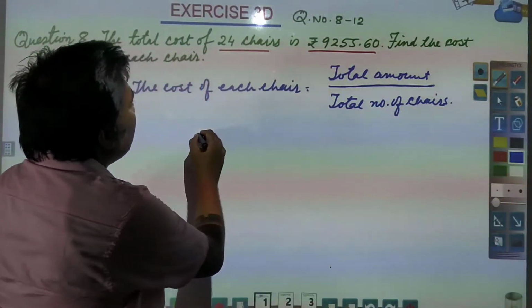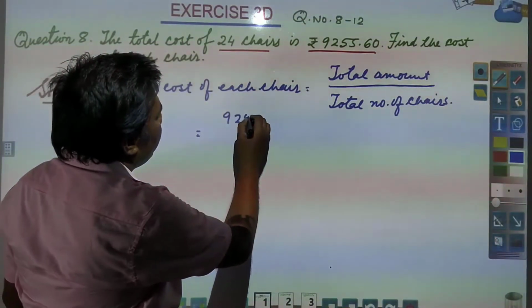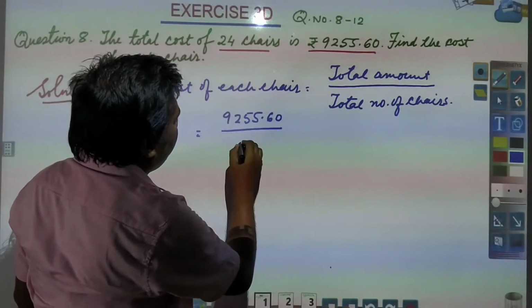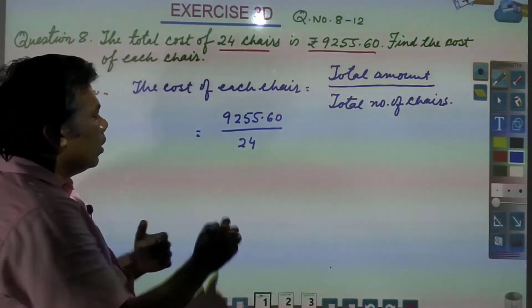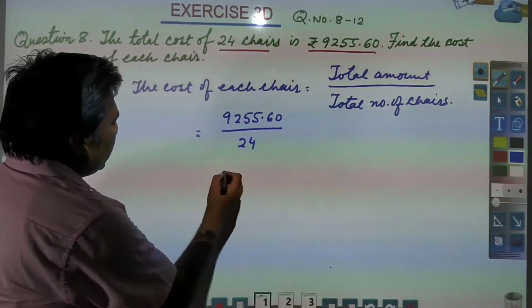So here you see the total amount you have is 9,255 rupees 60 paisa, divided by 24. Already you have seen division of decimals, so it is required to be divided.